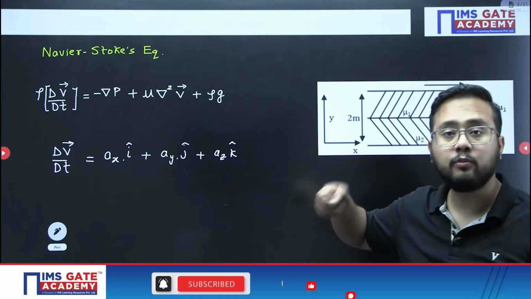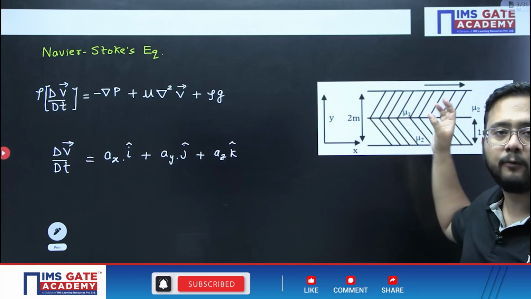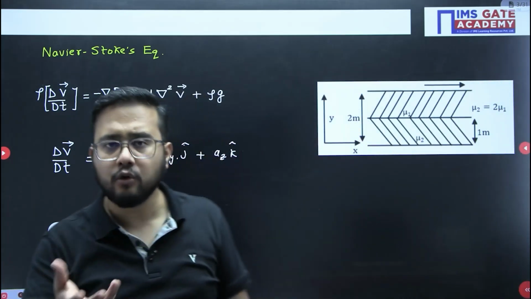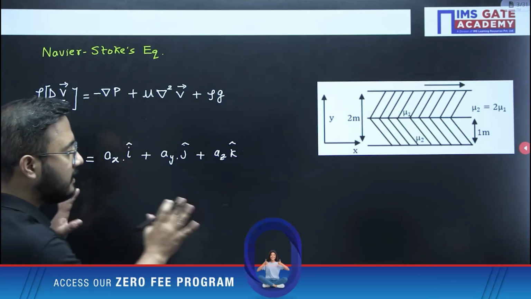Now dou u by dou x is 0 because there is no change in the velocity along the flow, because of the fully developed flow. Dou u by dou y will be there, but v value will be 0. So it is a one-dimensional flow.